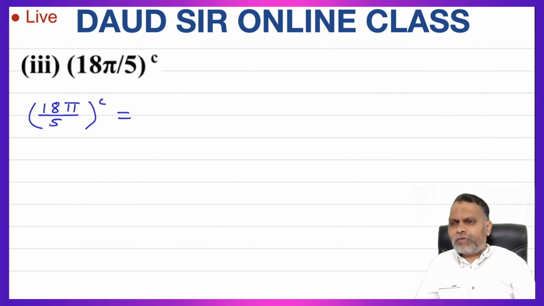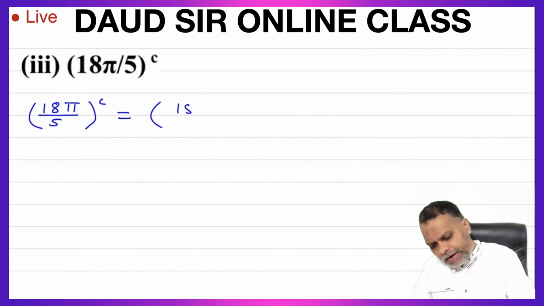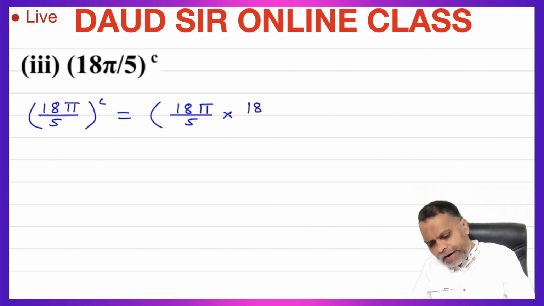Basically radian is the circular measure, so this C is for circular measure. 18 pi by 5 radian. So this is 18 pi by 5 multiply by 180 upon pi, this much degree.